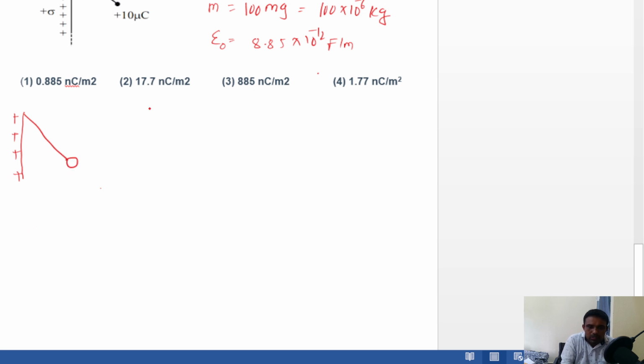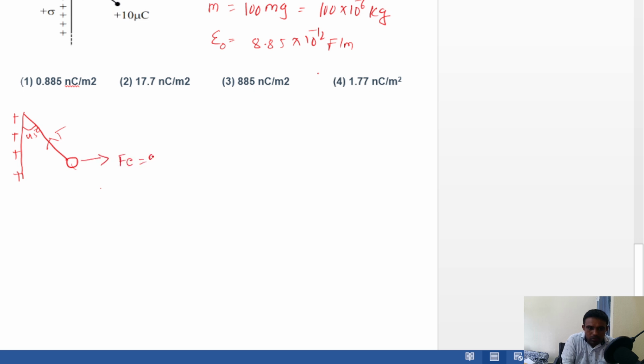So this mass is 100 milligrams. Here the infinite charged sheet and the bob of mass make an angle of 45 degrees. Okay. Tension in the string always acts away from this mass. Okay, T. So this charge is attracted by the sheet in this direction.